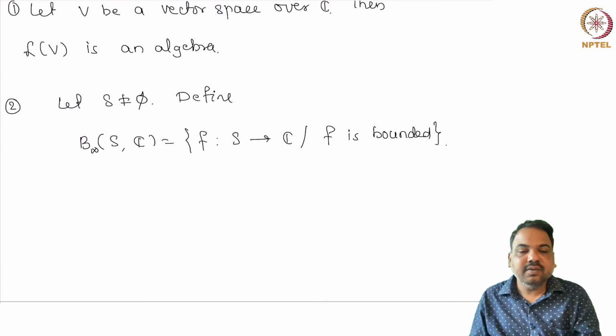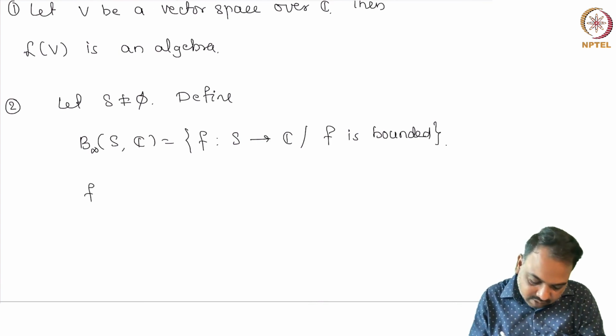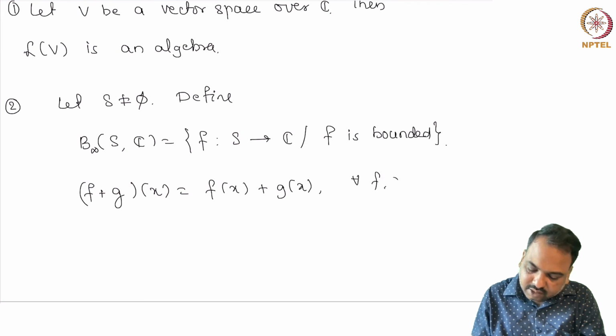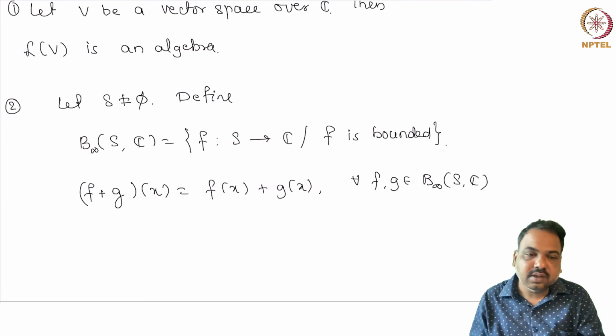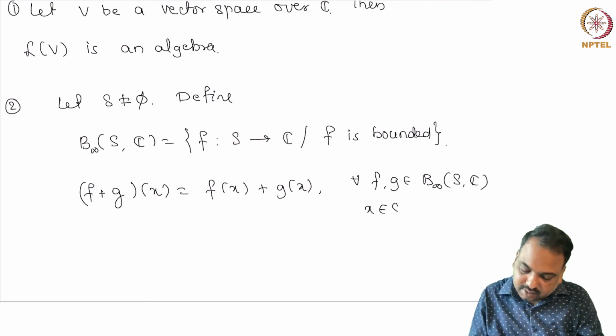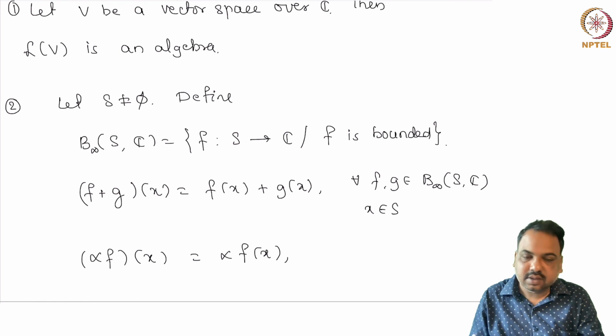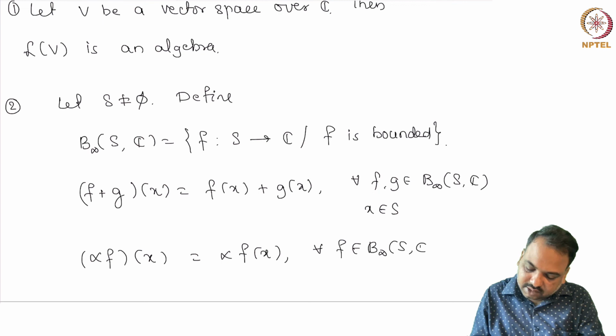So we know that this B infinity(S, C) is a vector space when we define F plus G at a point x as F(x) plus G(x) for every F and G coming from B infinity(S, C), x coming from S, and alpha times F at x is nothing but alpha times F(x), where alpha is a complex number.